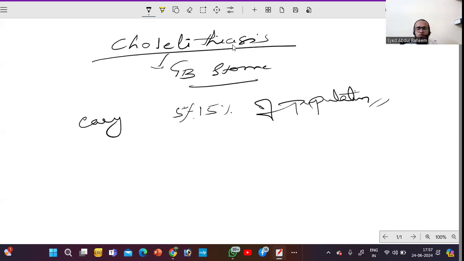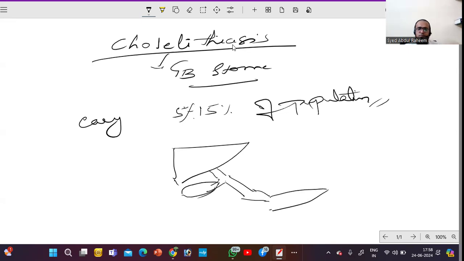So basically what is happening is that we have the liver, and in the posterior level we have the gallbladder.